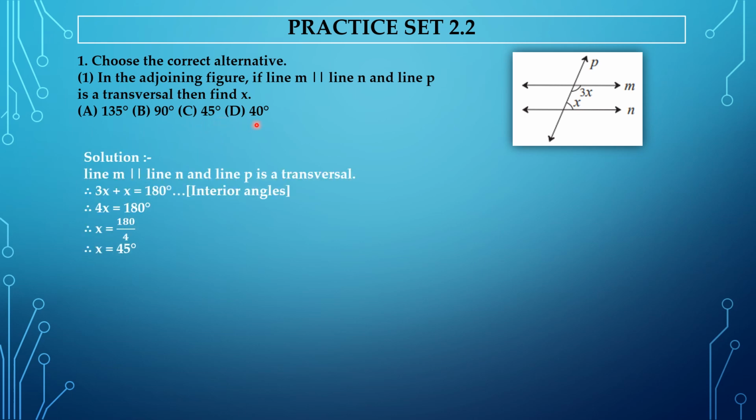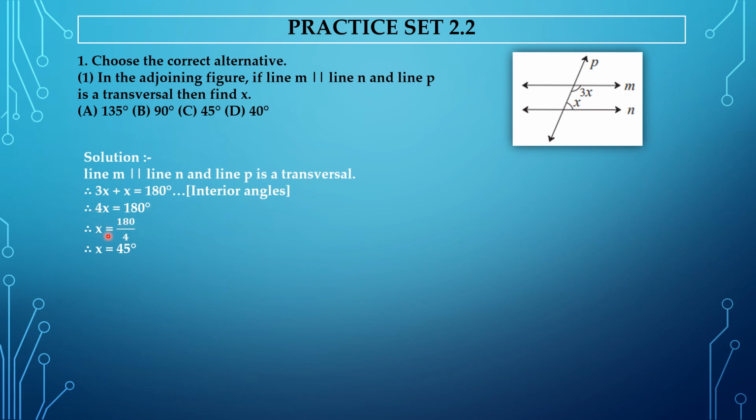Now first we will solve it, students. You'll write down line M parallel to line N and line P is the transversal. So 3x plus x equals 180 degrees, because both these angles are interior angles. Now on the left hand side 3x plus x will be added, it will become 4x equal to 180 on the right hand side. Now you'll bring this 4 to the right hand side, it will divide.